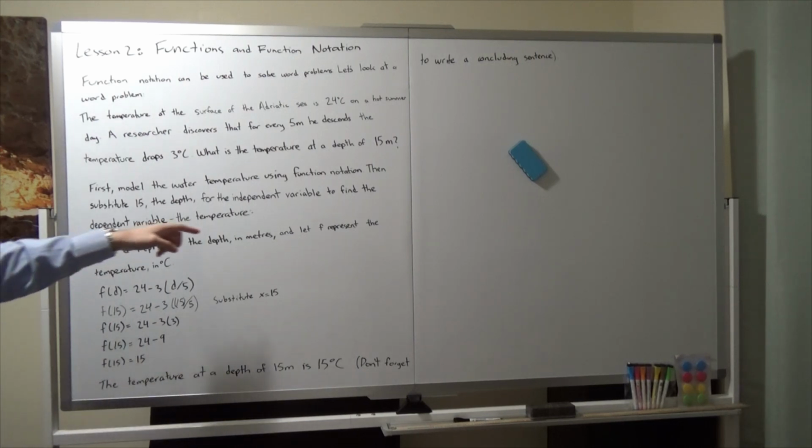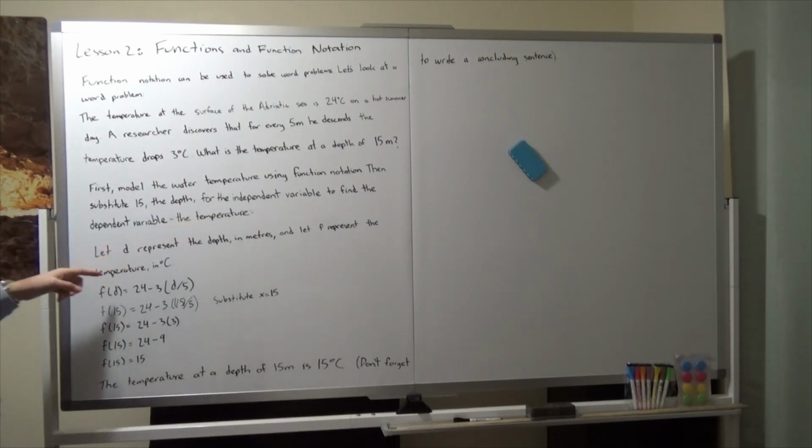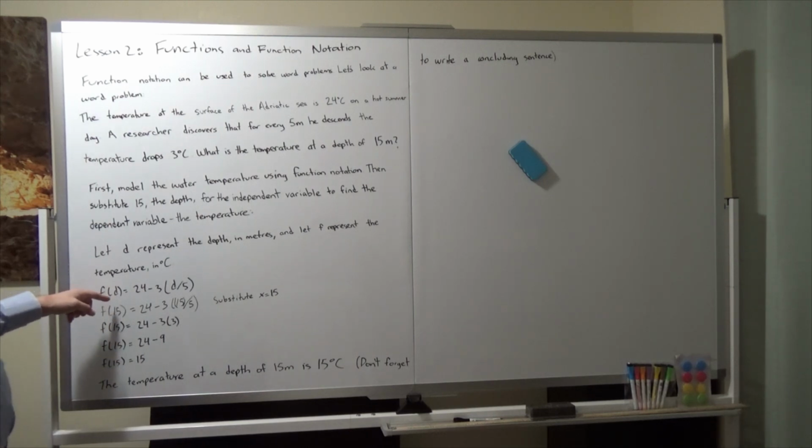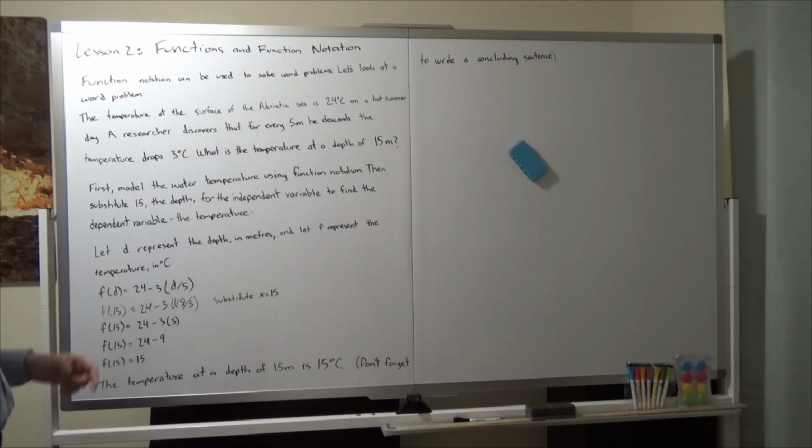Let D represent the depth in meters, and let F represent the temperature in degrees Celsius. So we also always have a let statement. We're modeling F, the temperature, as a function of D, the depth.